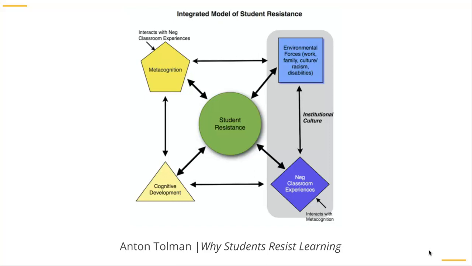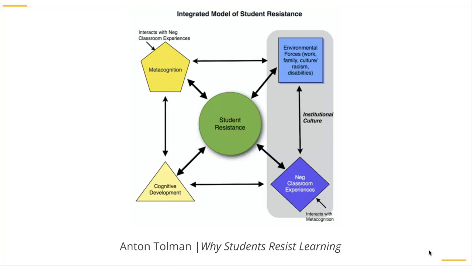And then other negative classroom experiences they may have had, which relates to metacognition. Are they aware of those experiences, and are they able to interact productively with those negative experiences so that they can then take control of their learning and think about how they're thinking in the moment?